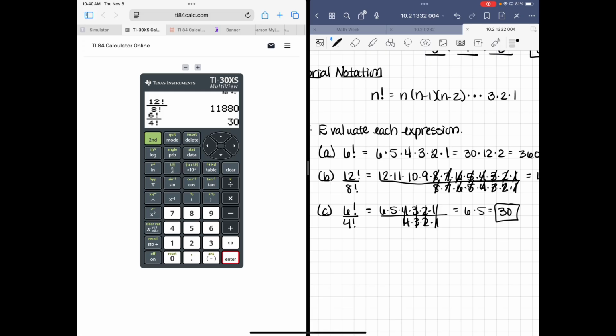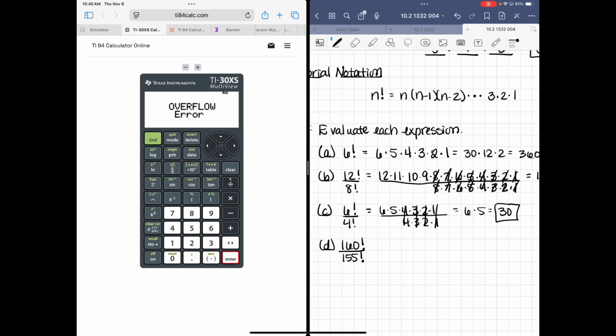If I had something like 160 factorial over 155 factorial. Okay, so you're perusing along here, and I go 160 PRB 3 over 155 PRB 3, and I get an overflow error.